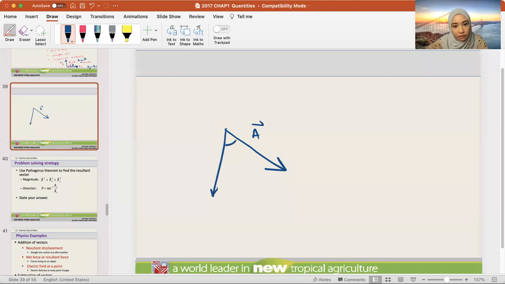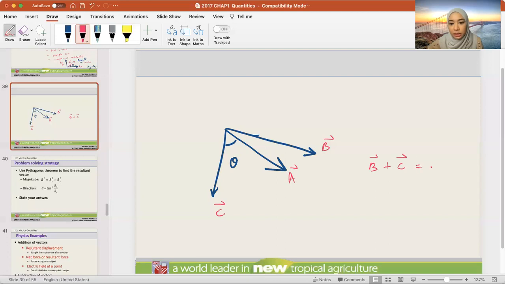So this is my angle over here, and this is my other. Okay, so now that I flipped it, not really flipped it, I totally changed it basically. So I want to know, hey, what is B vector over here and C vector over here, provided that B vector plus C vector is actually A vector. And I have this angle over here.